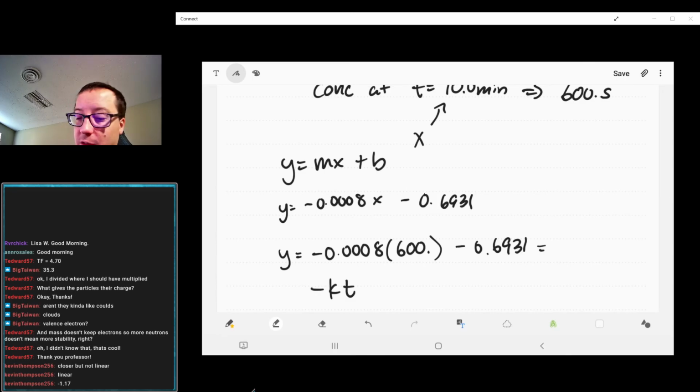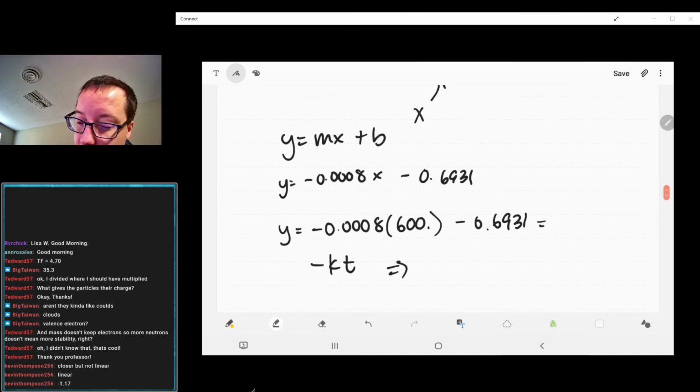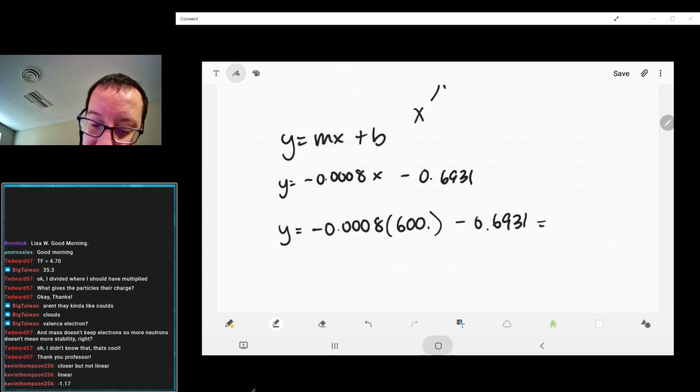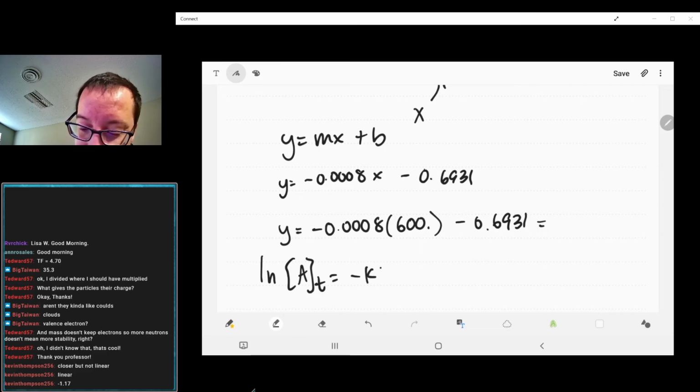Is that going to help anything? It tells us that we've used up 0.2131. If we go back to our Excel sheet... Oh, wait, you know what? That's the problem. This is natural log. I keep forgetting that this is our formula for first order, right?